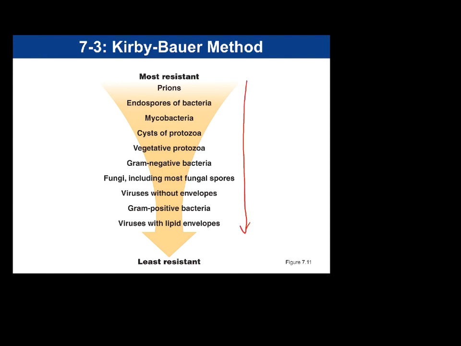Endospores are the environmentally hardy version of these organisms, and they have that keratin protein that protects them from a lot of chemicals, as well as dehydration and things like that. Mycobacterium has that waxy outer mycolic acid, which helps protect them.